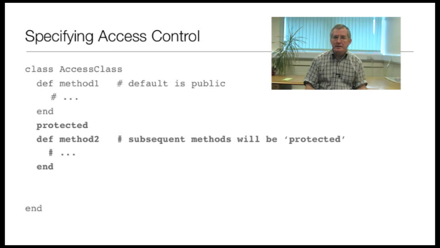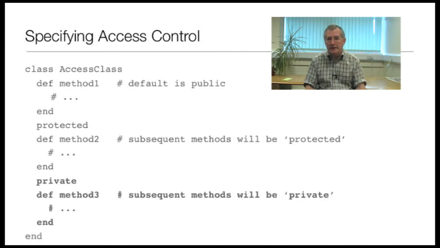What we do then is to use the keyword protected, and that's placed on a line on its own, and then underneath it all of the subsequent method declarations will be protected. So there's no qualifier on the individual methods.